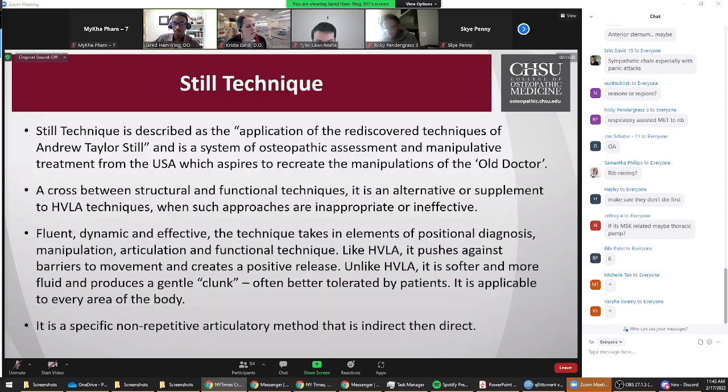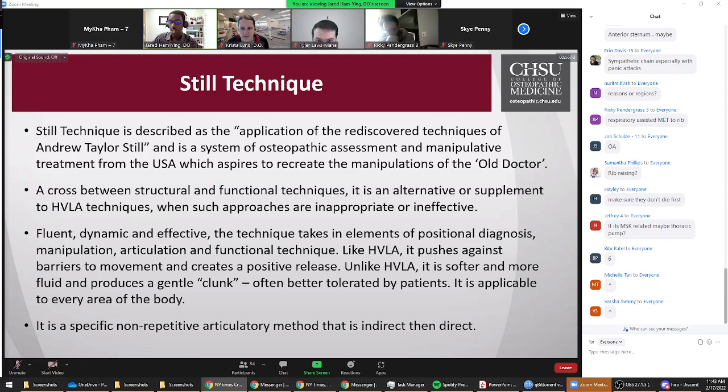When I'm talking about Still technique, this is something from the old doctor, as he's called, A.T. Still, that we have brought forward to us. It's going to be a cross between different techniques and different style approaches, from direct to indirect, working similar to HVLA, going into the barrier, but also going to be softer, more fluid.